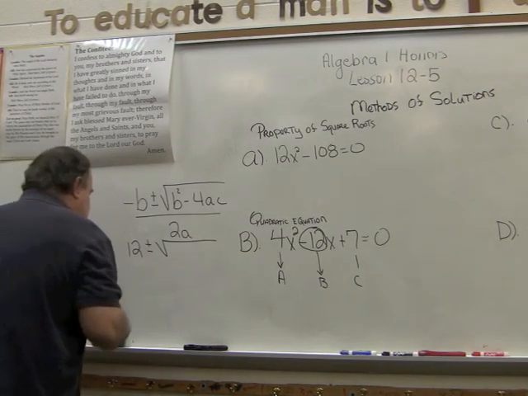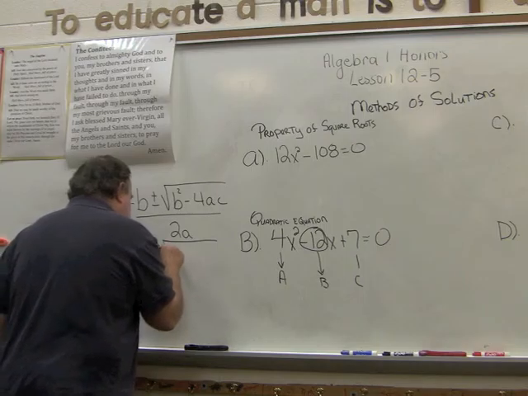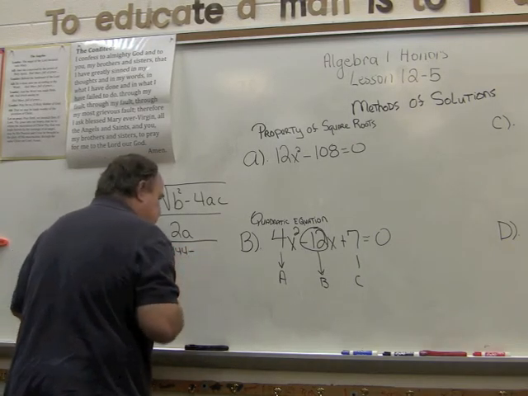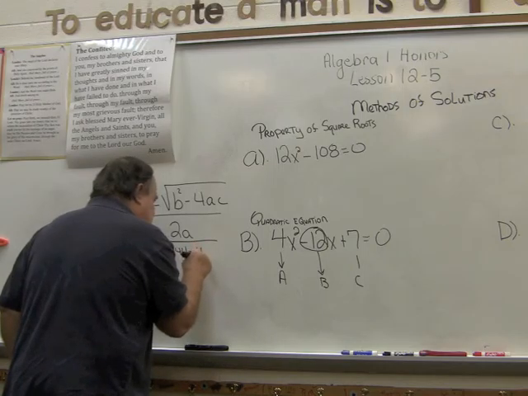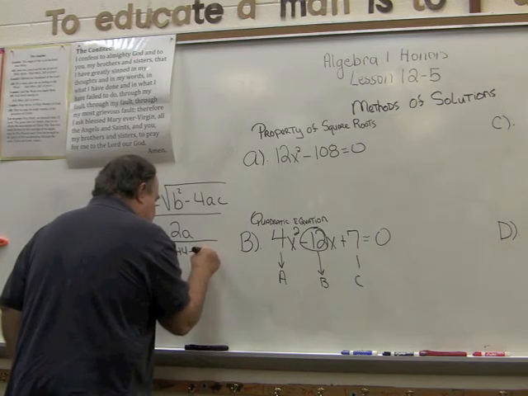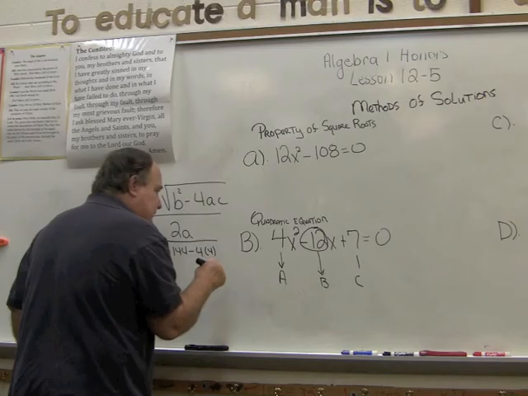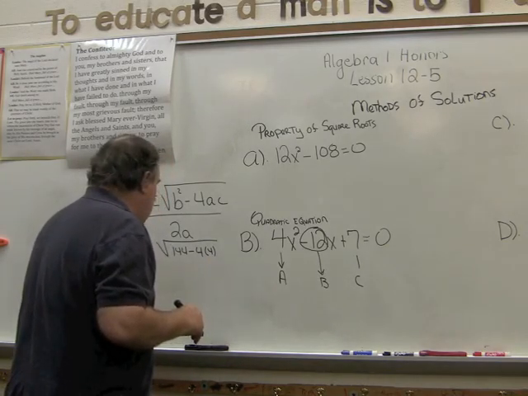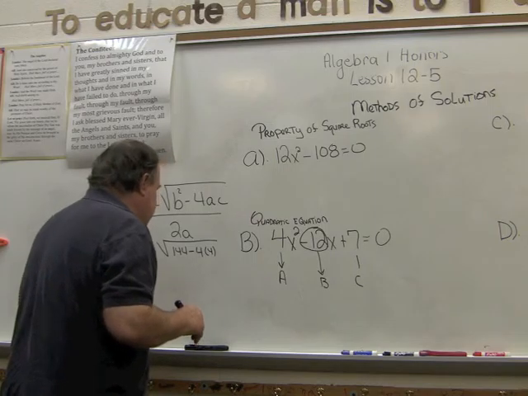Negative 12 squared is going to be 144, minus 4 times what's my a? 4. And what's my c? 7.